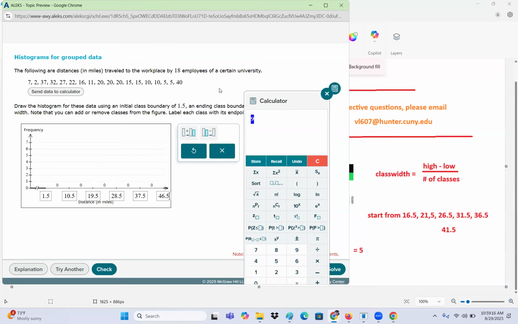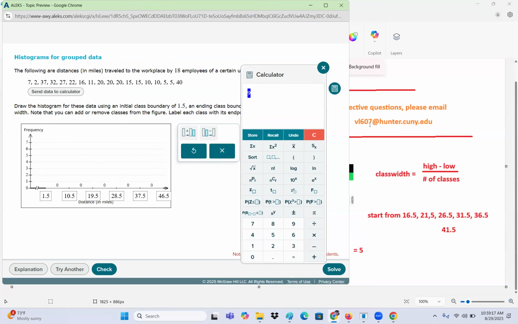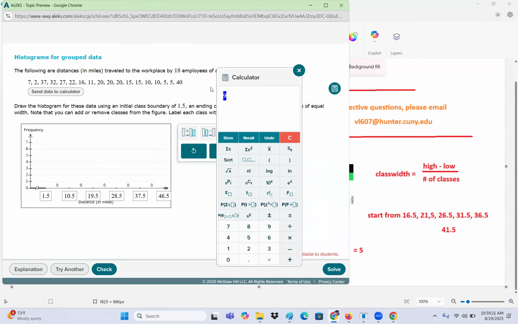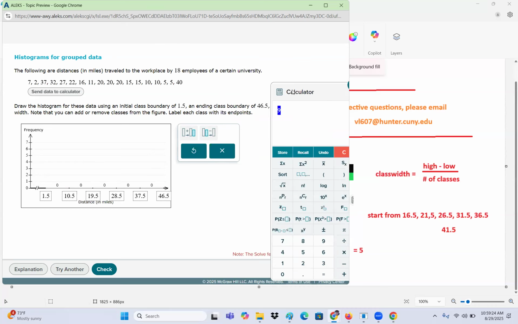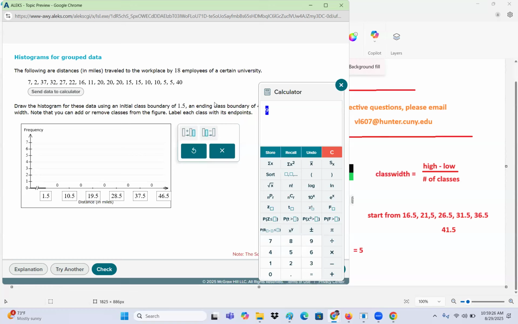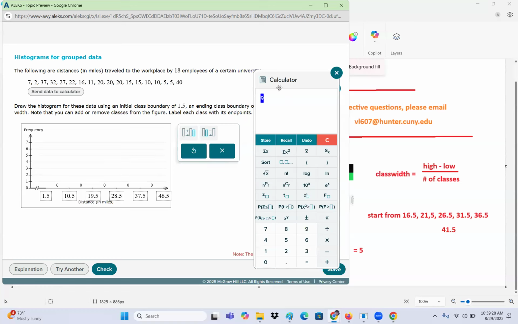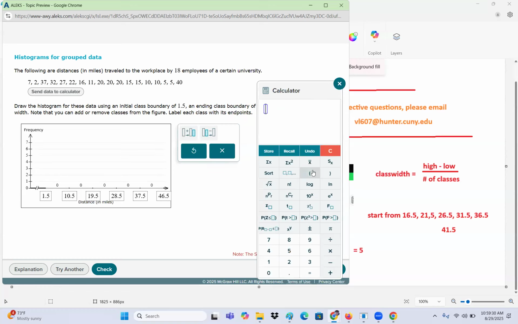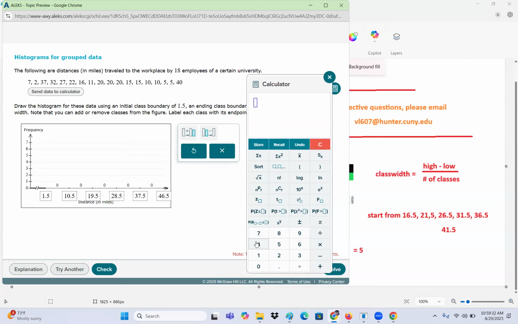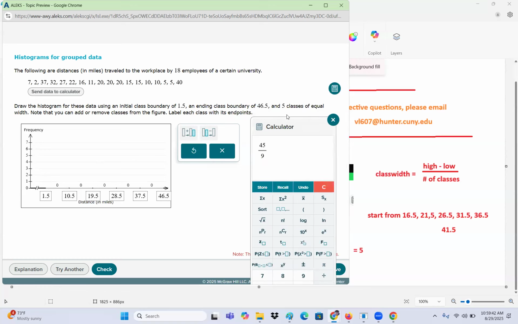All right. Do you want me to do that again? You simply take the difference between the initial class boundary and the ending class boundary. We take 46.5 minus 1.5, and then we divide it by 9. I'm sorry, we divide it by 5. We have 5 classes again.